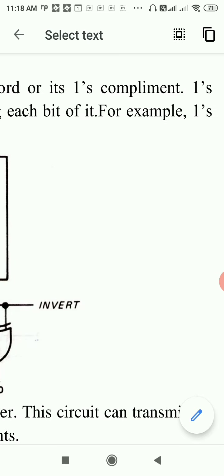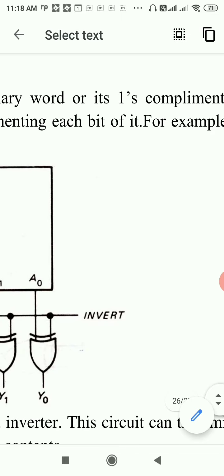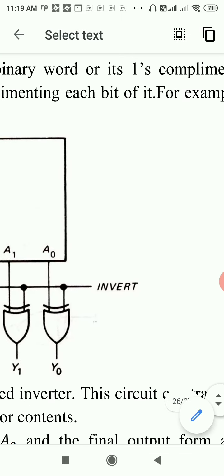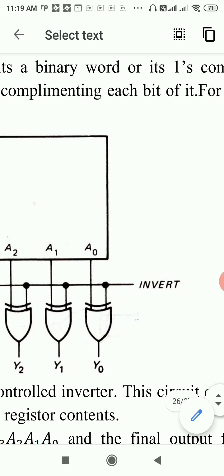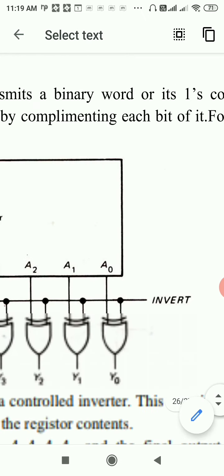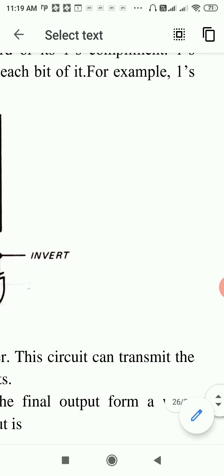Complement of a word is obtained, that is known as ones complement, if we complement each bit of the word. A word contains many bits. If we complement each bit, we find the ones complement word.